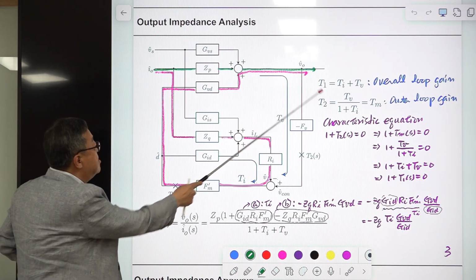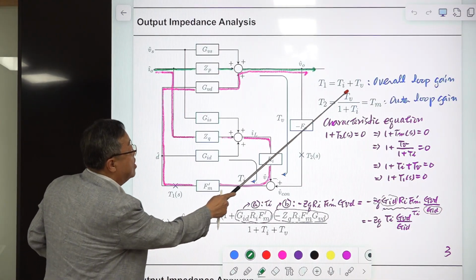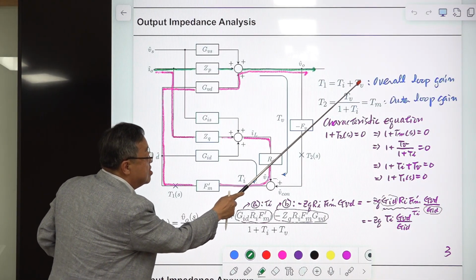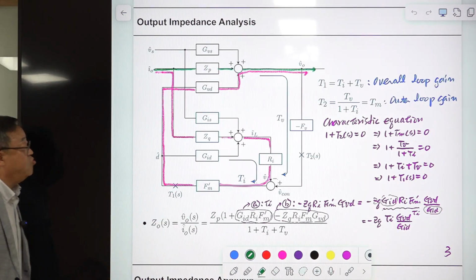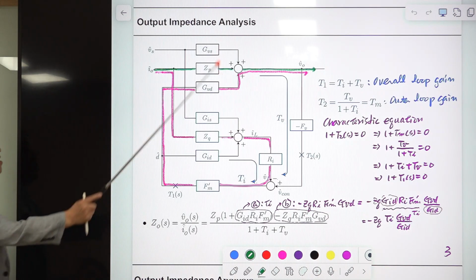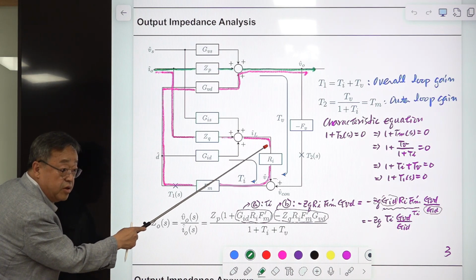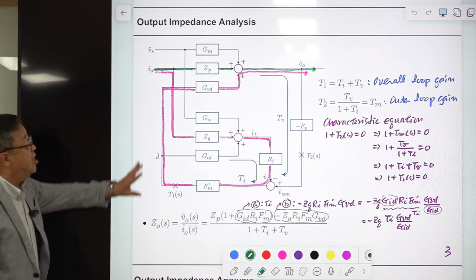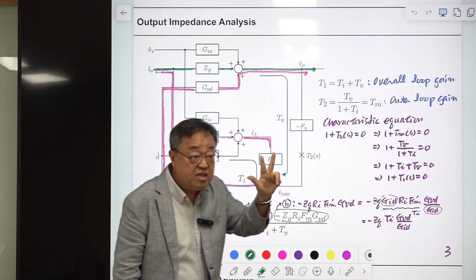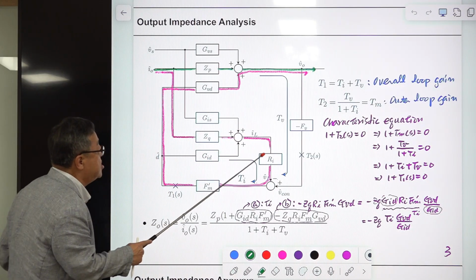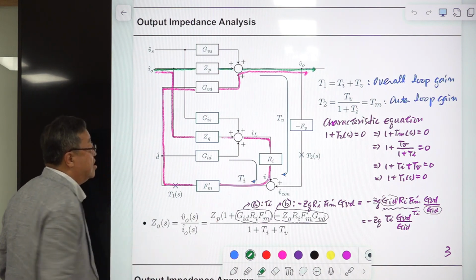So T1 is this one plus this one. So we defined two different loop gains, and you can find another loop gain here. So in this two-loop system, at least there are three loop gains.